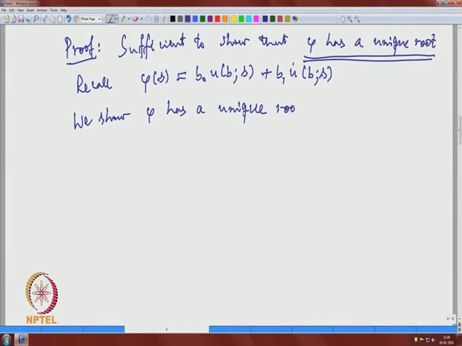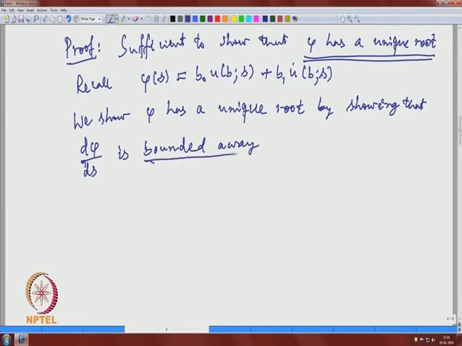by showing that its derivative d phi by ds is bounded away from 0. d phi by ds is bounded away from 0.